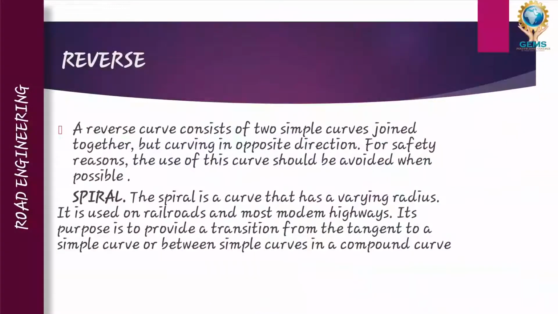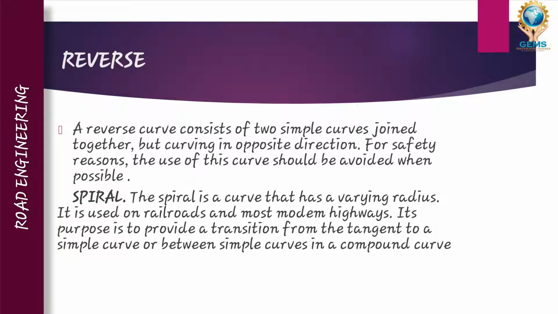Next is the reverse curve. A reverse curve consists of two simple curves joined together, but the curves are in opposite directions. For safety reasons the use of this curve should be avoided when possible. A reverse curve is nothing but simple curves attached in opposite directions, and it is for the safe movement of the driver as well as the vehicle.